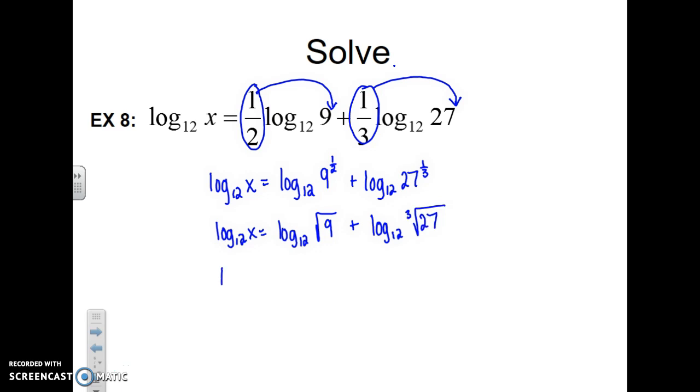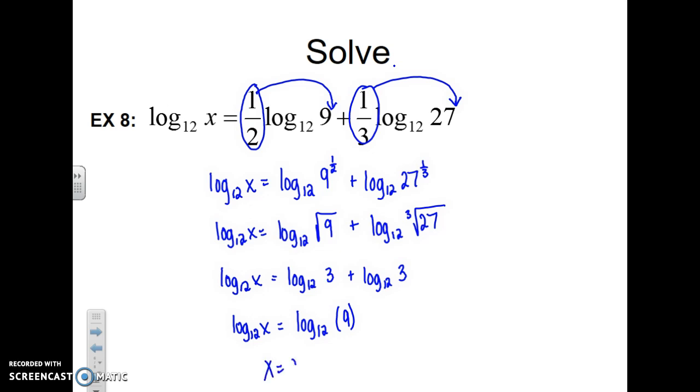So this is log base 12 of x equals log base 12 of 3 plus log base 12 of 3. So here we have log base 12 of x equals log base 12 of 9, because we would do 3 times 3 here. So now at this point you can drop the logarithms, so x equals 9.